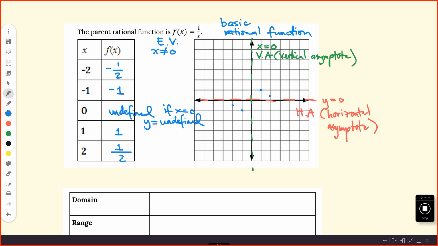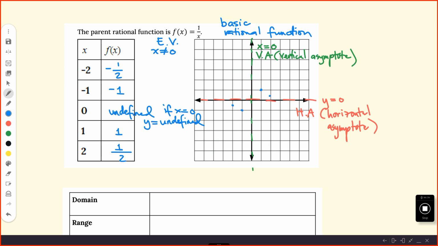Now remember, the asymptote will just be our excluded value, and it's also going to be a horizontal asymptote. An asymptote can be horizontal or vertical, but that's our guide.